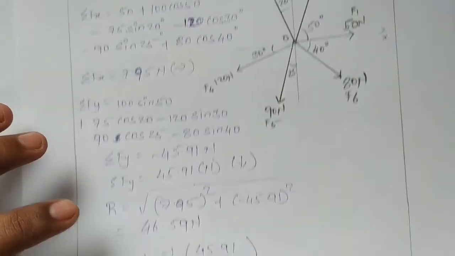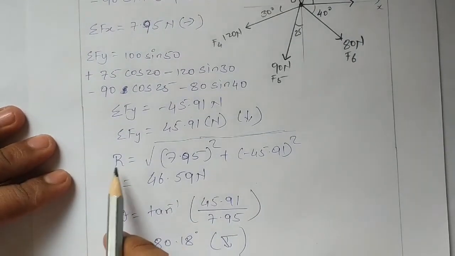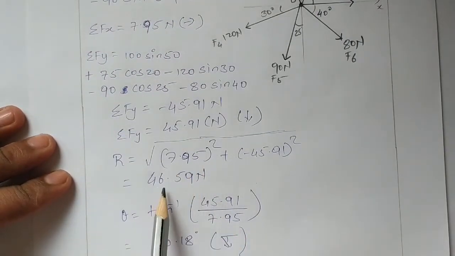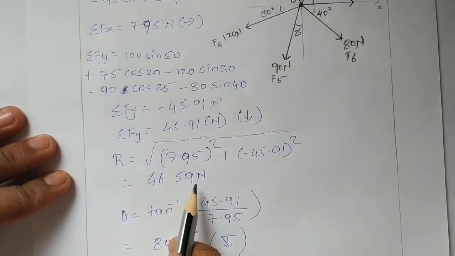Then the resultant can be calculated using this relation, which is 46.59 Newton.